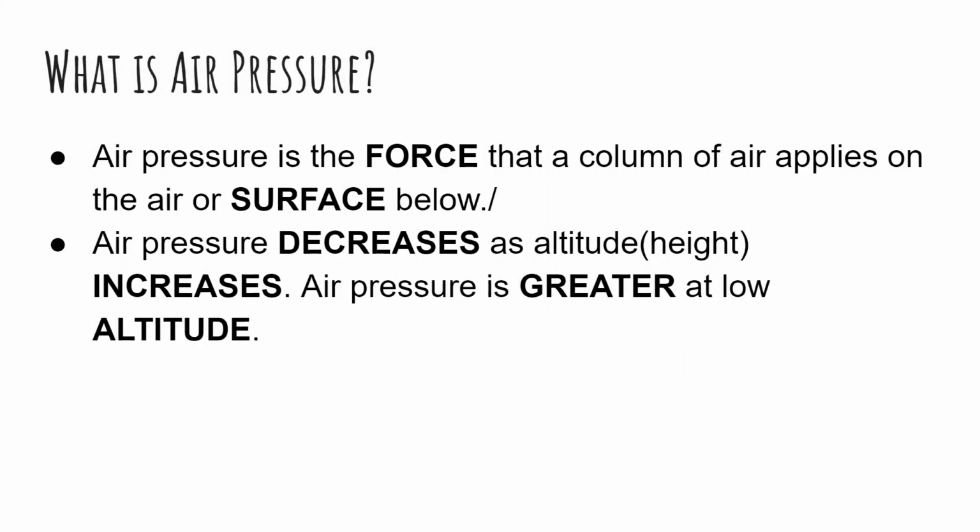Now, for air pressure, it's the force that a column of air is applying to the surface or air below. So if air is on the top, it's applying pressure to the air below, or it's applying pressure directly to the surface if it's close to the surface. So that's our second variable, air pressure.